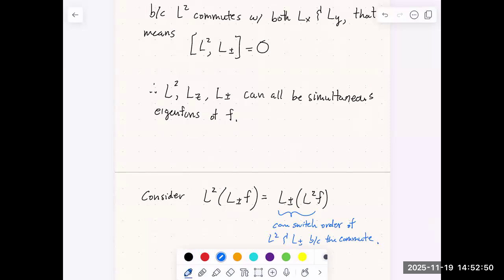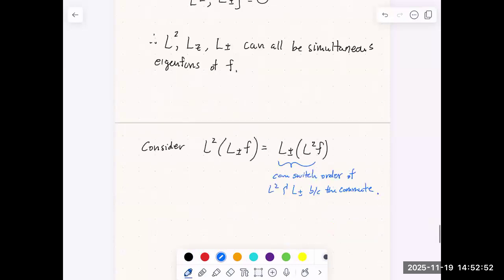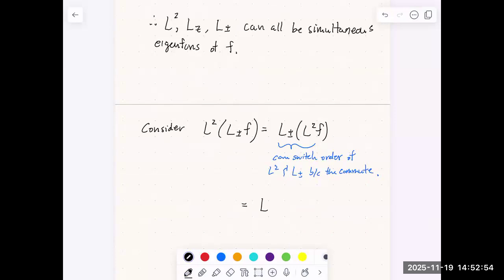But we previously said we're going to try to find the eigenvalue of L squared acting on its eigenfunction. We, for the moment, have labeled that eigenvalue as lambda. And so what we have is lambda times f, which is equal to lambda times L plus minus f.